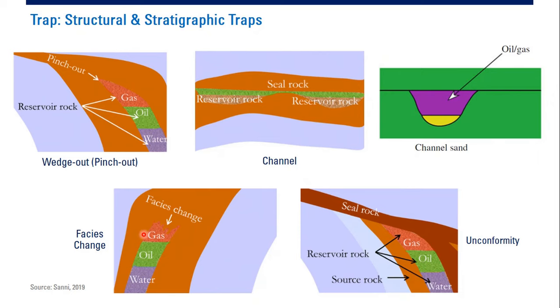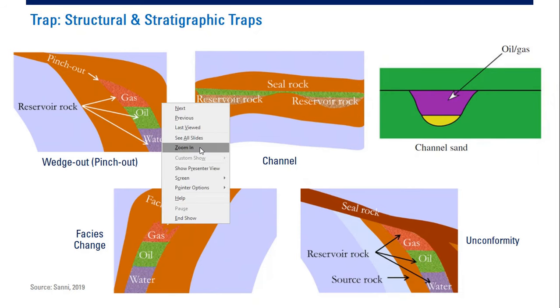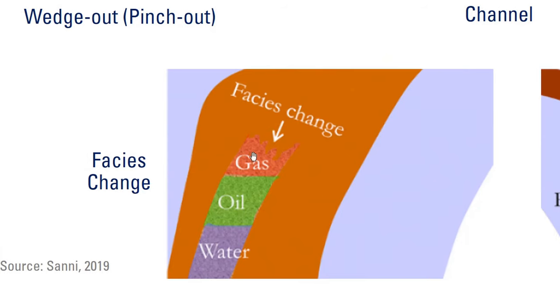Okay, we have gas, oil, water, but the phases changes. Here we have good porosity or good permeability reservoir, but the chocolate layer here, brown color, is rock with very small permeability, very tight, very low permeability.